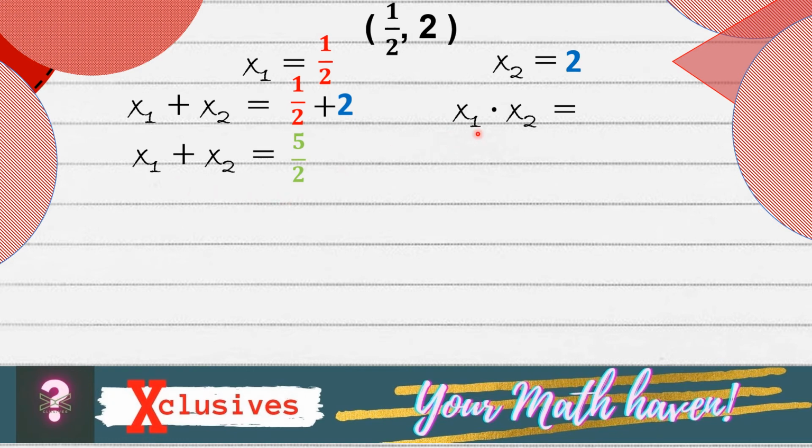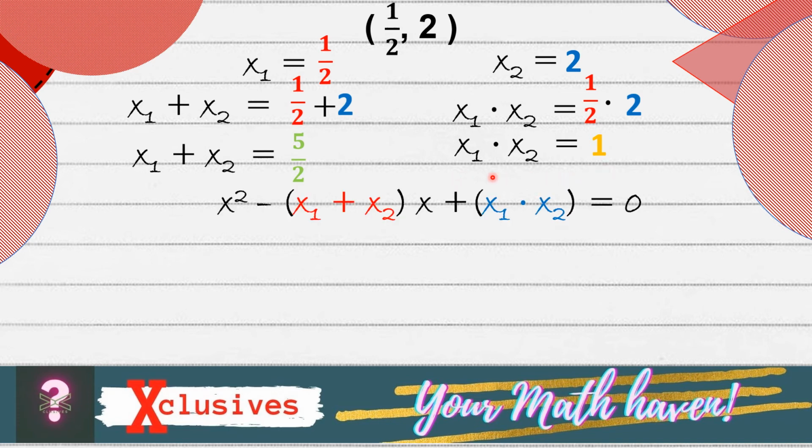Now for the product of the roots, x sub 1 times x sub 2, our x sub 1, that is 1/2, times our x sub 2, that is 2. Now to multiply a fraction and a whole number, we can multiply 1 times 2, that is 2, divided by 2, that is 1. And this is now our product of the roots.